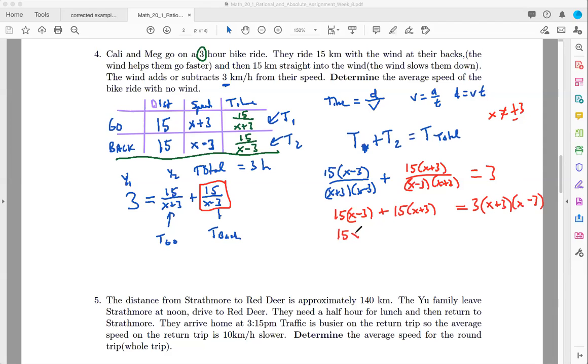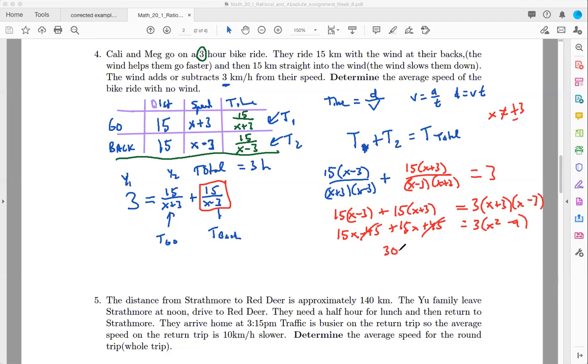So we could say 15x minus 45 plus 15x plus 45 is equal to, and we know x plus 3 and x minus 3, that's going to be x squared minus 9. So we have our plus 45 minus 45.